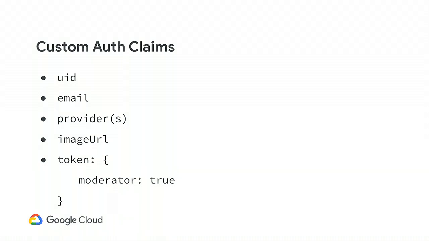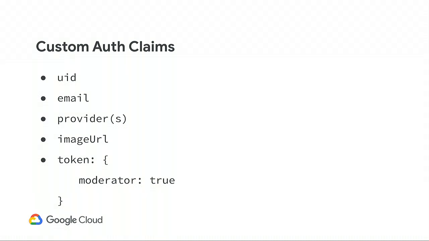There's also this little bit of information on their auth token, which are custom claims. And these can be any kind of key value pairs that you want. But do note that they have a very low limit in size. I think it's like 1,000 bytes, maybe. It's really not meant for those cases where you're like, hey, it would be great if I could put in their whole home address into the user, or the list of their friends.